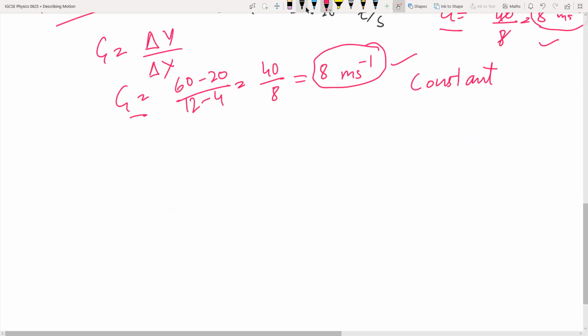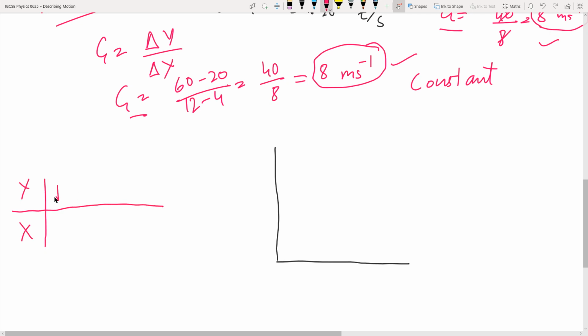At times you get a graph something like this. I'm just going to put a graph again, but let's draw some values for y and x. For y we are plotting d, and for x we are plotting the time t in seconds.